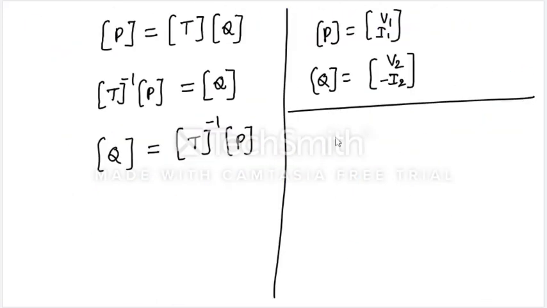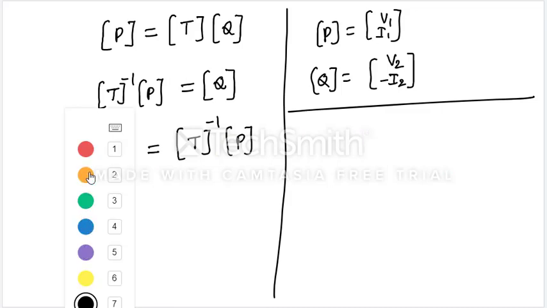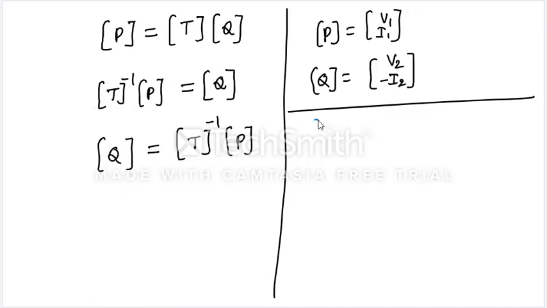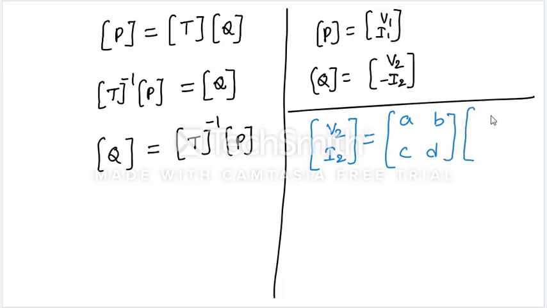Now if you see carefully, previously the small ABCD parameter equation, this is what we got: V2, I2 is equal to A, B, C, D, and V1, minus I1.